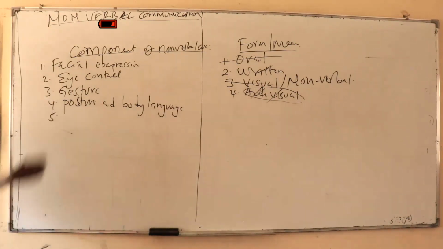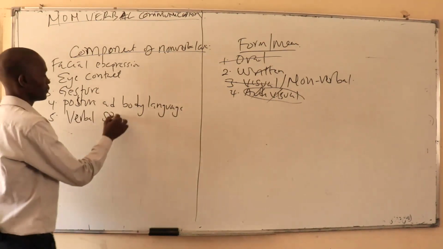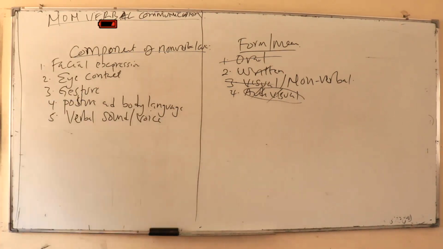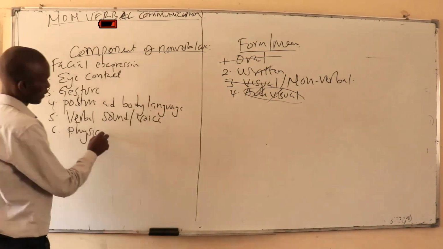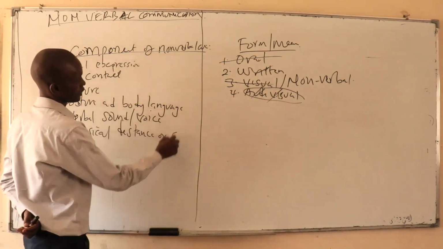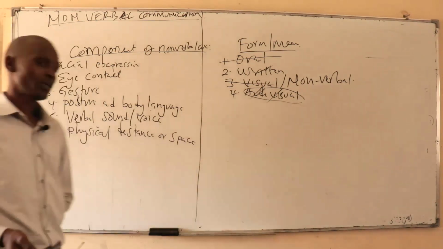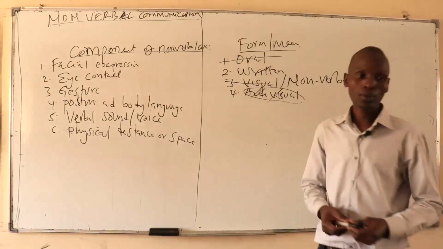Number five, verbal sound or voice. And lastly, physical distance or space. So those are the components of nonverbal communication.